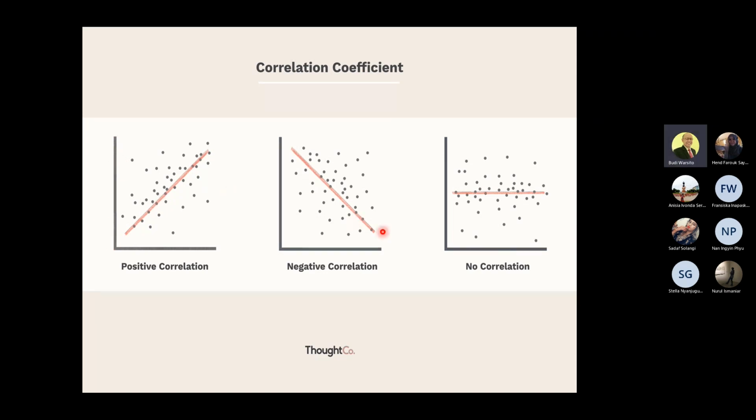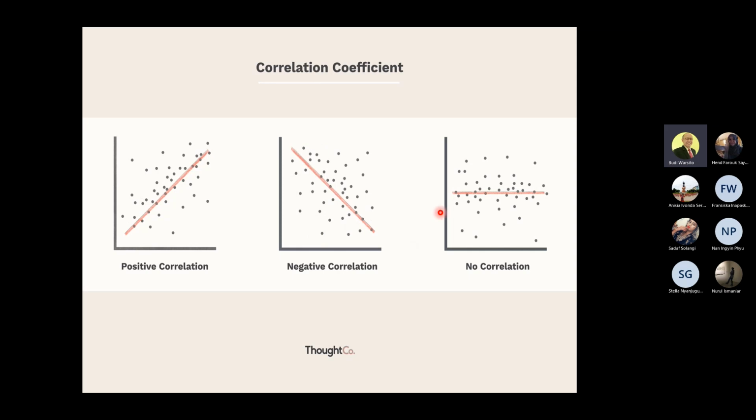And then in the second figure, the middle figure, we can see that there is a strong and negative relationship between the two variables.